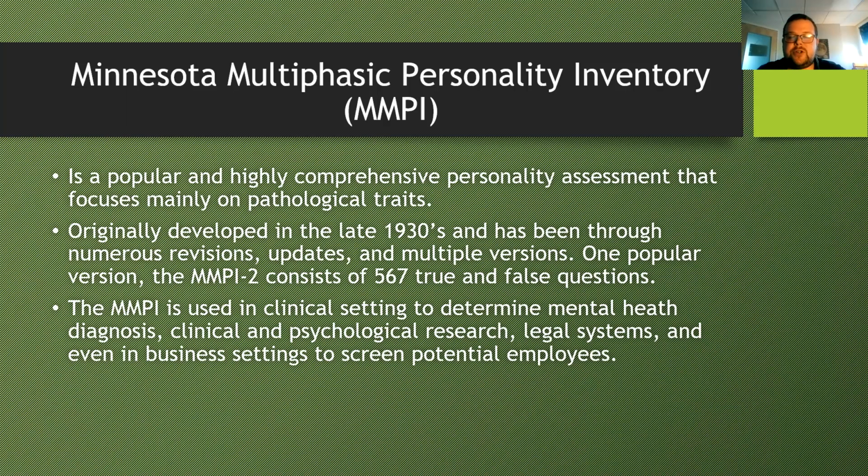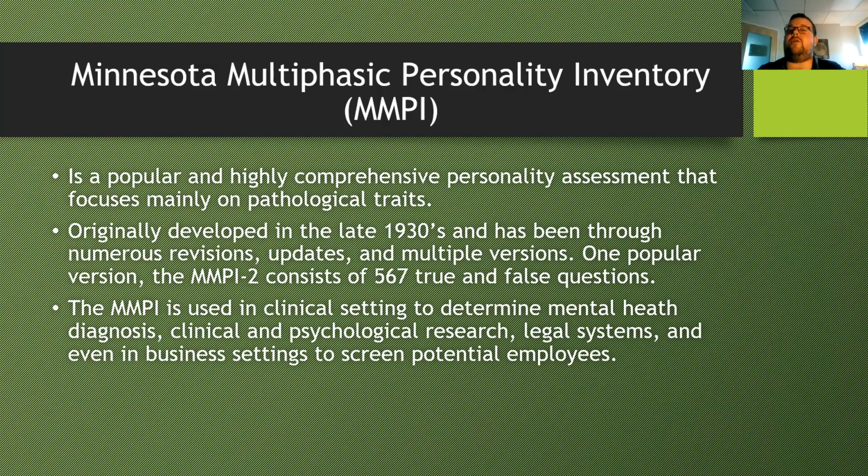One popular version is the MMPI-2, the newest full version, and it consists of 567 true and false questions. So it is highly comprehensive, probably the most comprehensive trait assessment we have.